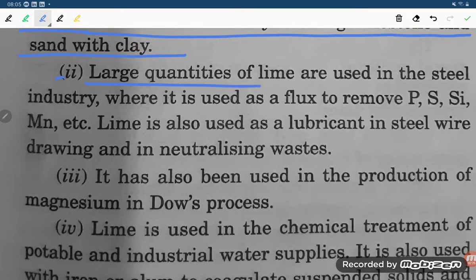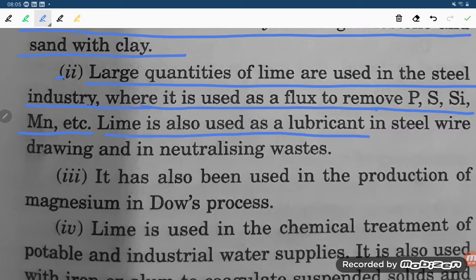Second point, a large quantity of limestone is used in the steel industry, where it is used as a flux to remove phosphorus, sulfur, silicon, manganese, etc. Lime is also used as a lubricant in steel wire drawing and in neutralizing the waste. So in the steel plant you are using it in huge quantity as a flux, and also as a lubricant in steel wire.